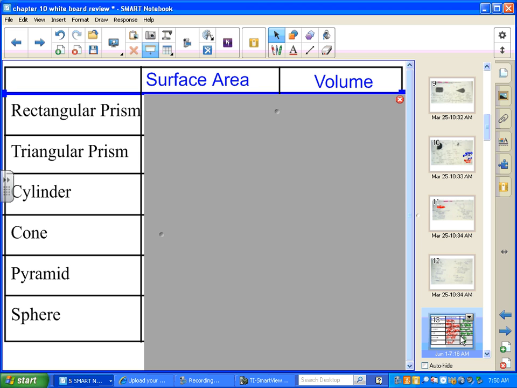And make it neatly. This is a good thing for you guys to have, to look back at, or maybe to duplicate tonight so you can make sure you know all these. And then I want you to list rectangular prism, triangular prism, cylinder, cone, pyramid, sphere. Matt? Okay, you're fine. Just make sure you check them with us.